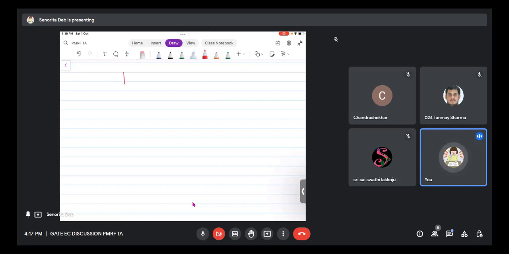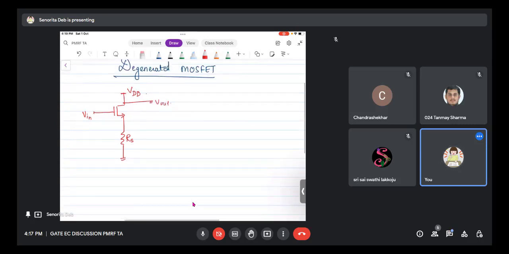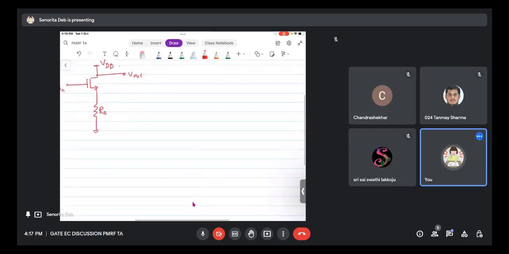Basically you have a MOSFET and suppose there is a resistance here, RS. Then you have applied VDD here. If you want, you can put an RD here or just leave it.